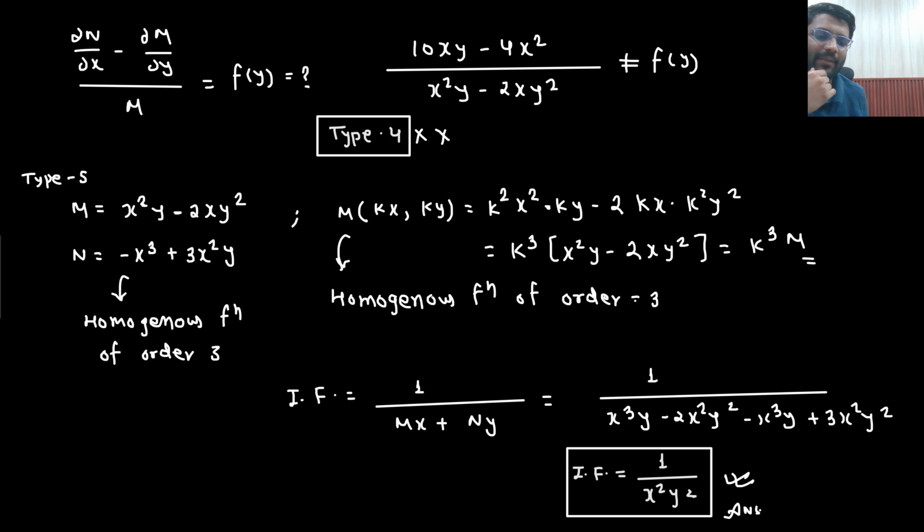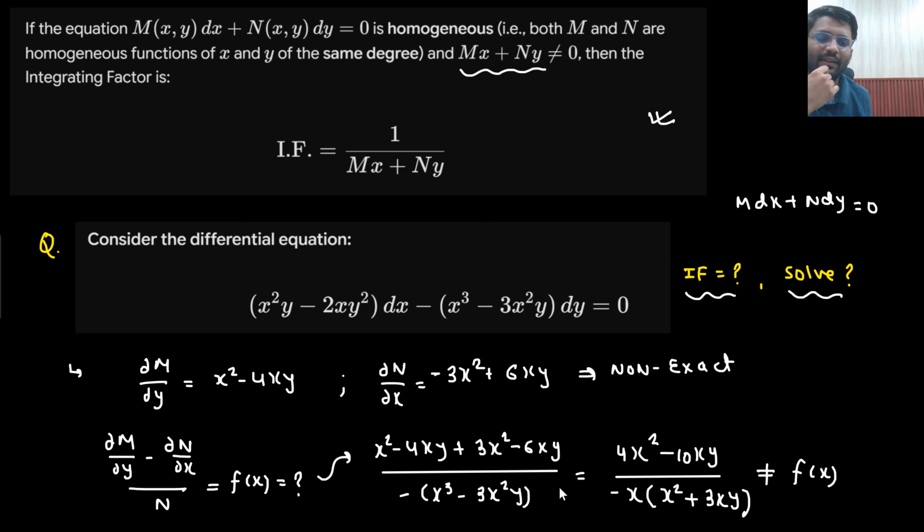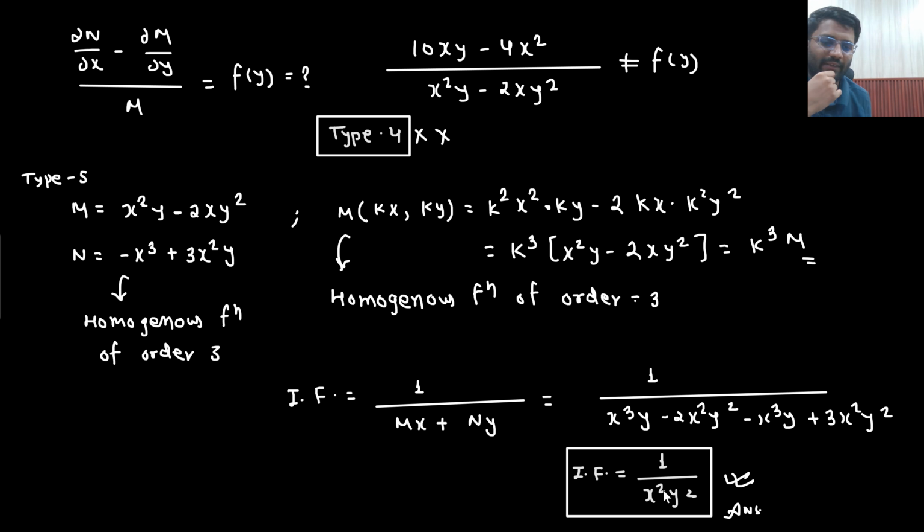What you need to do is multiply the integrating factor on both sides. So I will multiply the integrating factor, which is 1 upon x square y square.